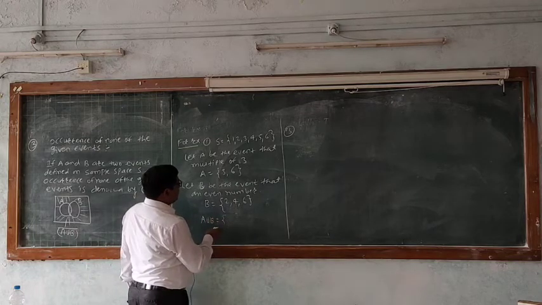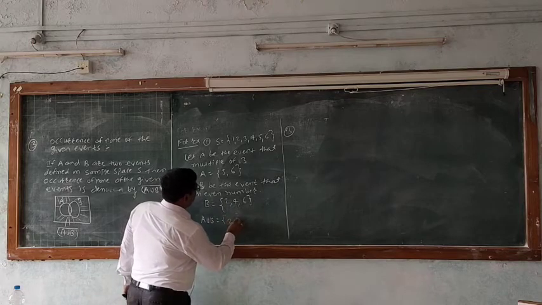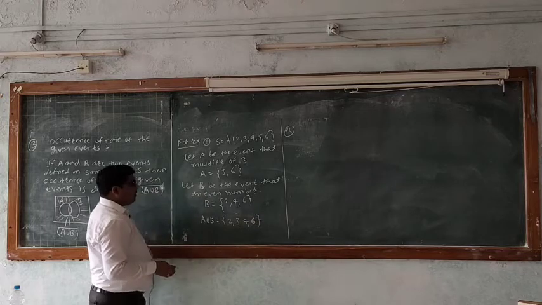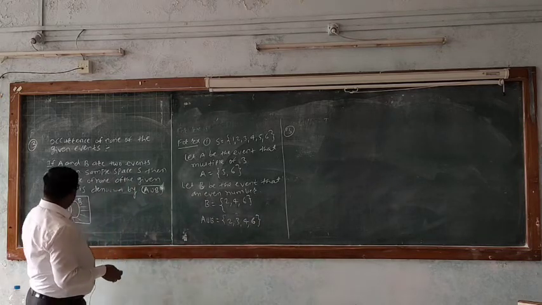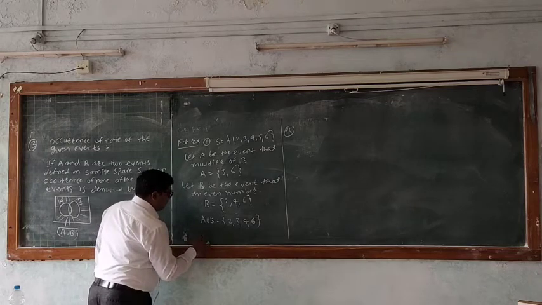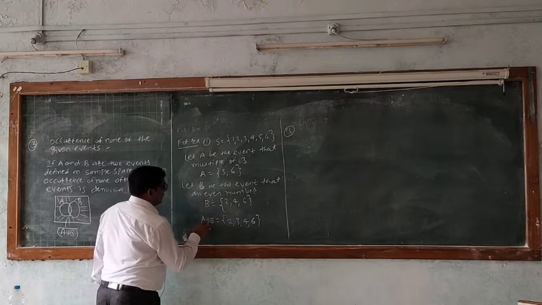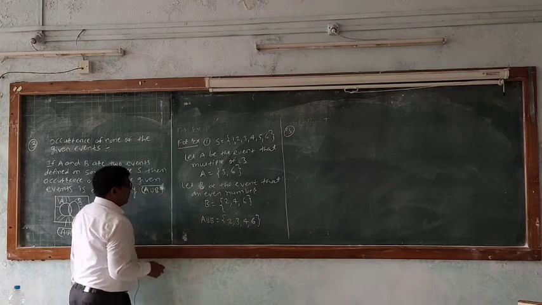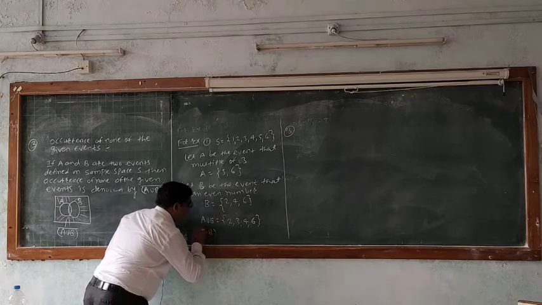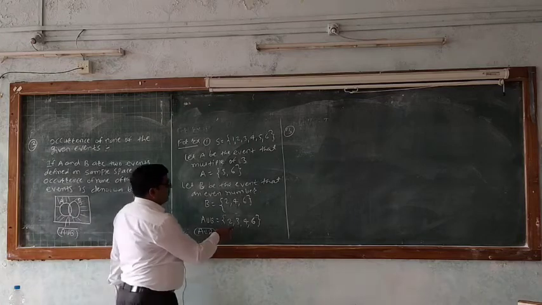A union B is 2, 3, 4 and 6. And we want A union B bar, which means S minus A union B. A union B bar equals the elements other than these.